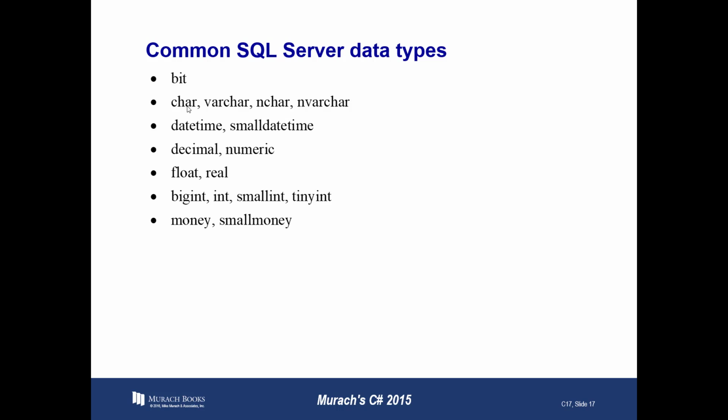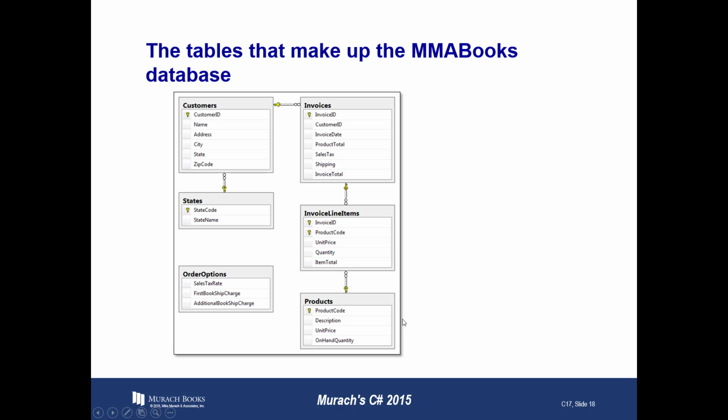MO for Missouri, IL for Illinois, FL for Florida, etc. Char is fixed length. Varchar is a variable length. You can also use nchar and nvarchar. They basically mean the same thing. Date time fields, decimal fields, numeric fields, fields that are not decimal but can have decimal places in them, whole number fields, monetary fields.